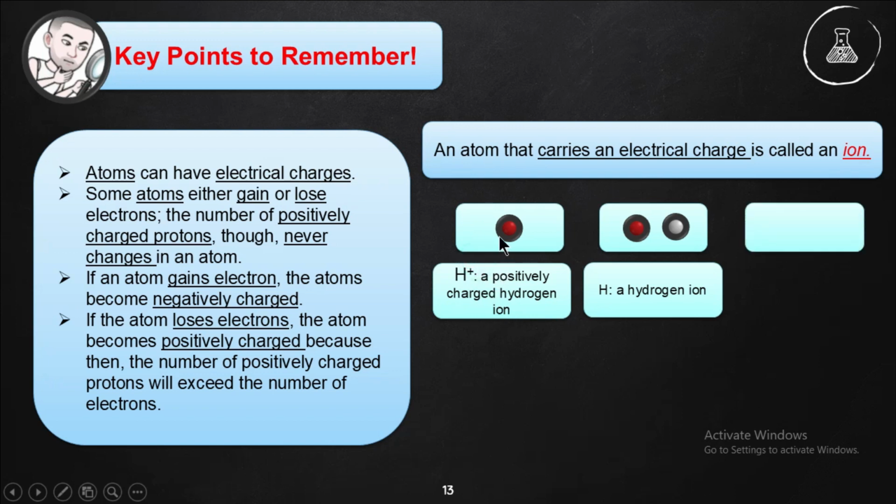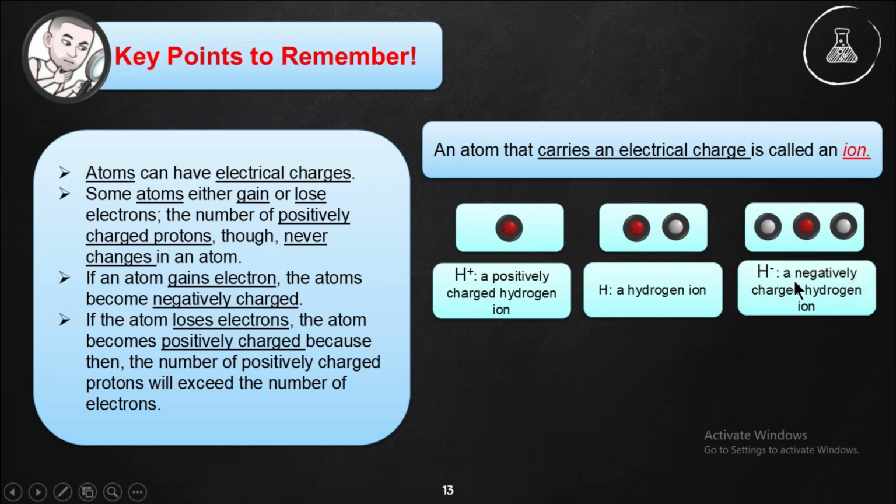Nag-lose or nawalan siya ng electron. Kapag siya naman ay nadagdagan or nag-gain ng electron, ang mangyayari sa kanya ay magiging negatively charged hydrogen ion na siya. Tulad nito, H na may negative sign. Again, kapag si hydrogen ion ay nag-lose ng electron, magiging positively charged hydrogen ion siya at ito yung symbol niya, H with a positive charge. Kapag siya naman ay nadagdagan ng electron, magiging negatively charged hydrogen ion na siya.